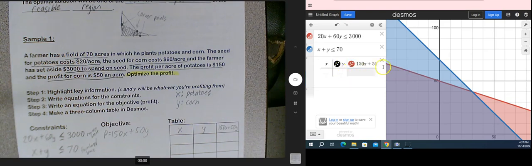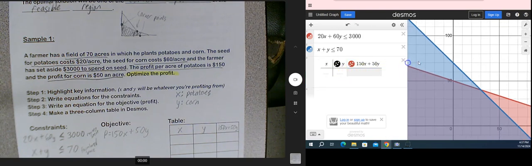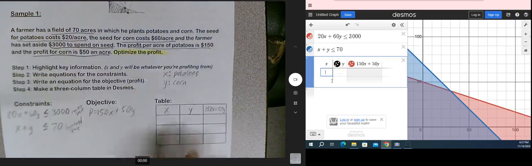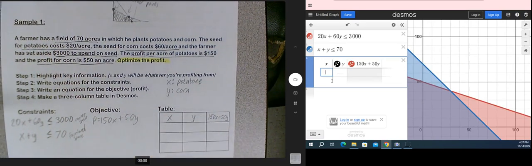All right, so now I have a three column table that looks just like the 3 column table here. So now I'm going to click on my 3 corner points, and what's going to end up happening is when we input the coordinates of this corner point into my X and Y columns, it's going to spit out how much money I would make by planting this many potatoes and this much corn.